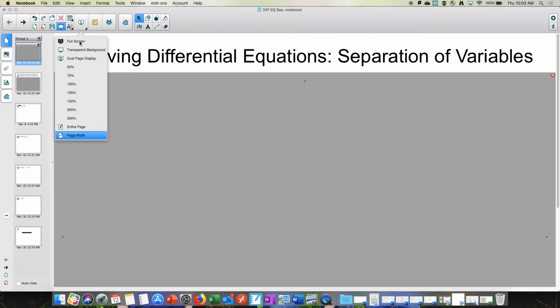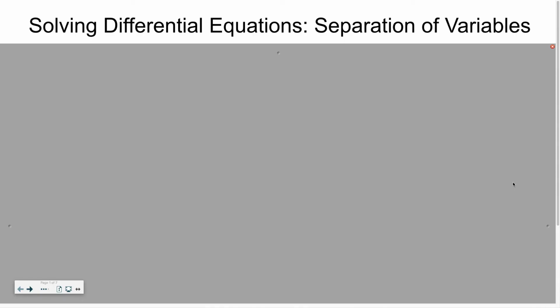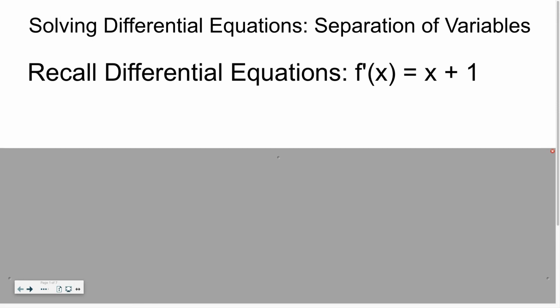This whole chapter is about differential equations. We've somewhat been exposed to differential equations already. What do I mean by that? You've had problems that look like this: f prime of x equals x plus 1.